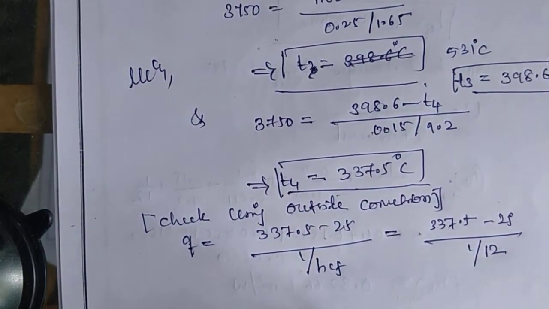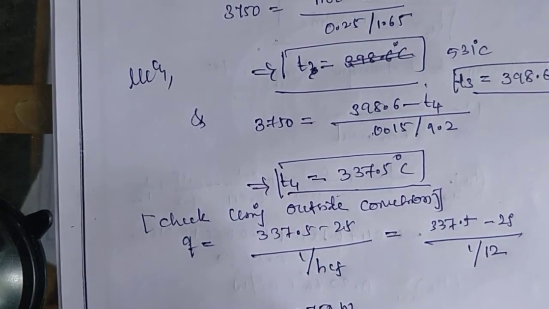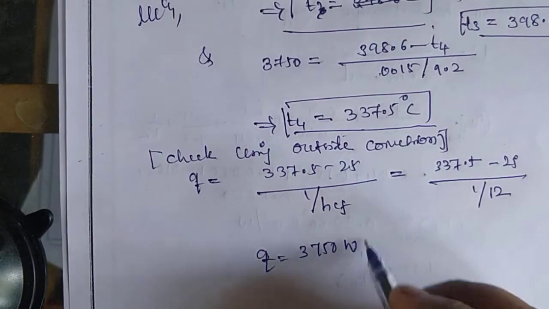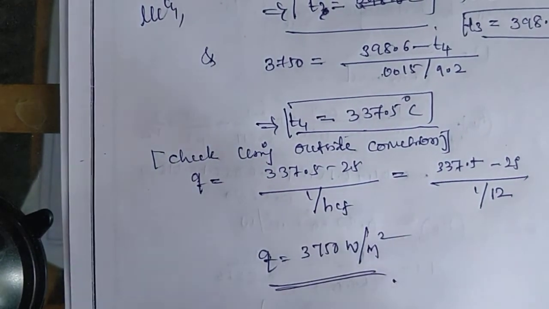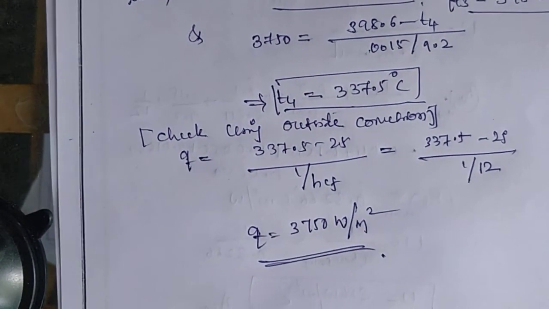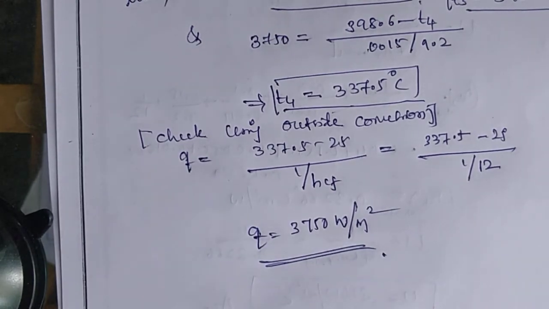So Q becomes 3750 watt per meter square. So all temperature values are correct.